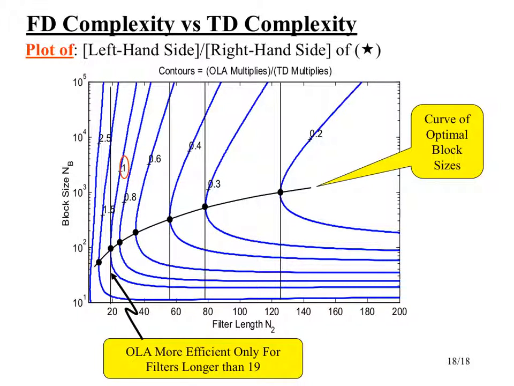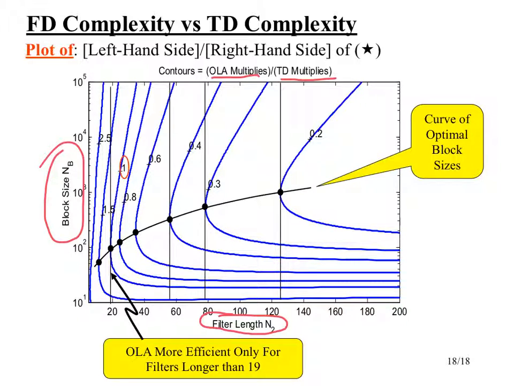So each contour is nothing more than the ratio of the overlap add multiplies divided by the time domain multiplies. And remember, we want this to be less than 1, and our horizontal axis is the filter length N2, and the vertical axis is the block size NB.